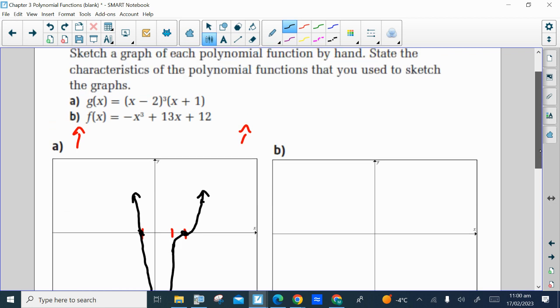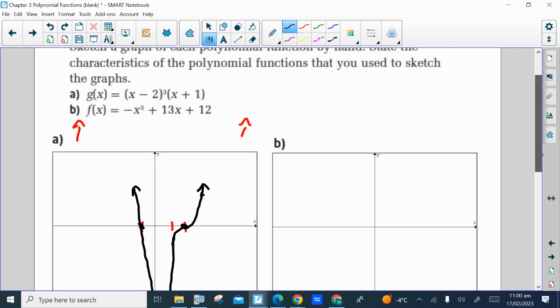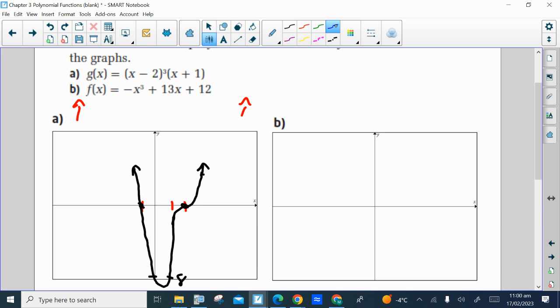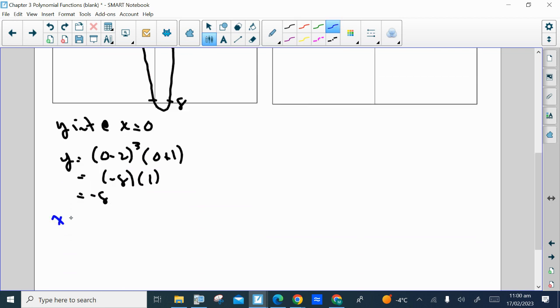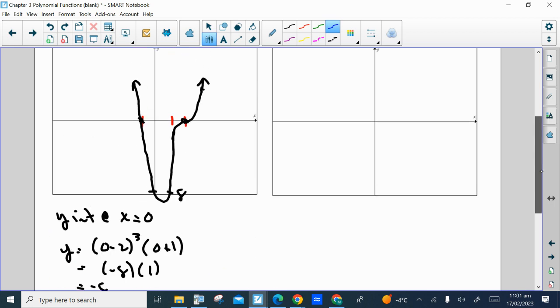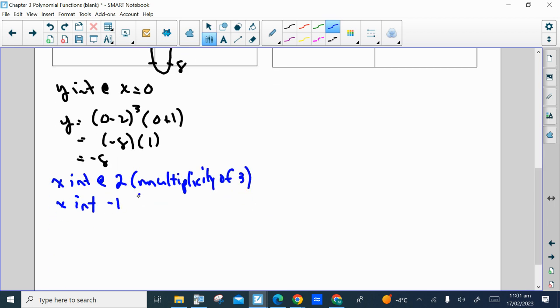So it did say to state the characteristics, so we should do that. We have an x-intercept of 2 that has a multiplicity of 3. And then we have another x-intercept at negative 1, and that multiplicity is only 1.